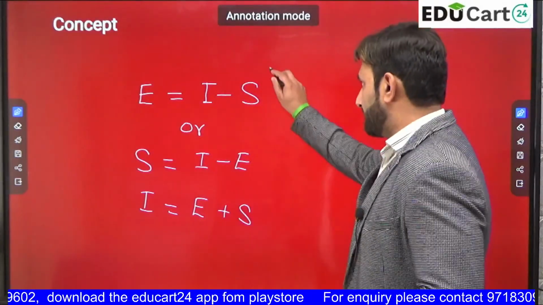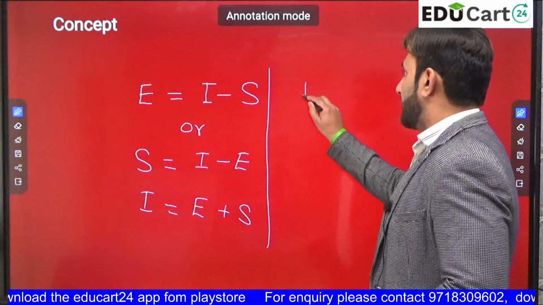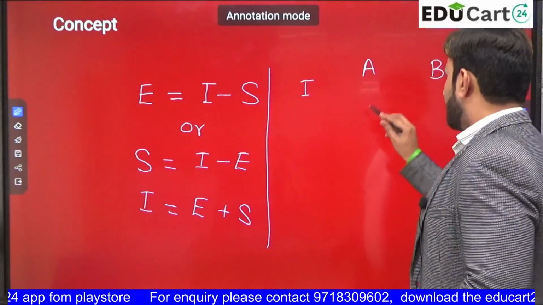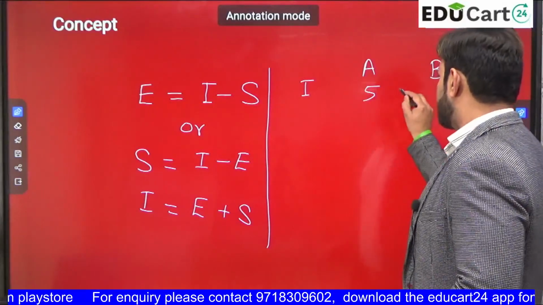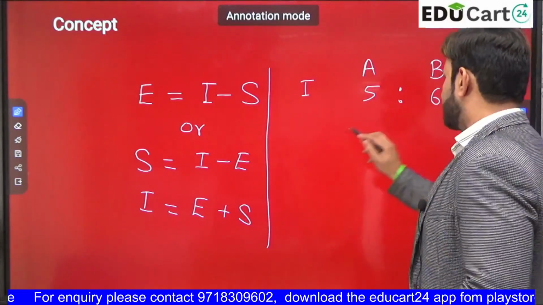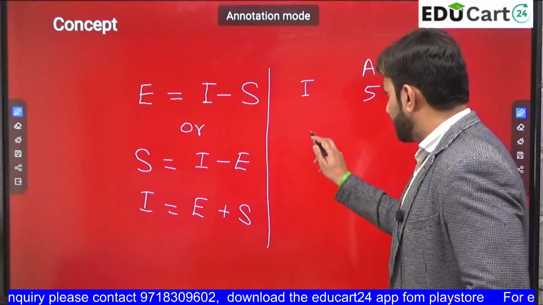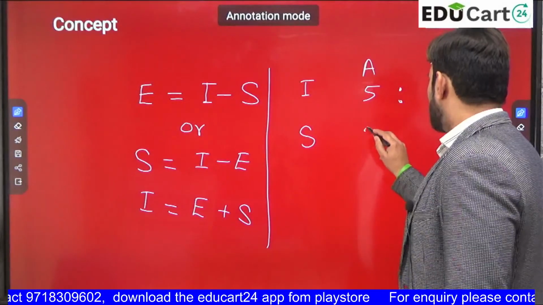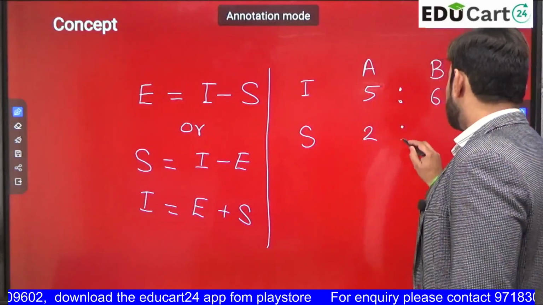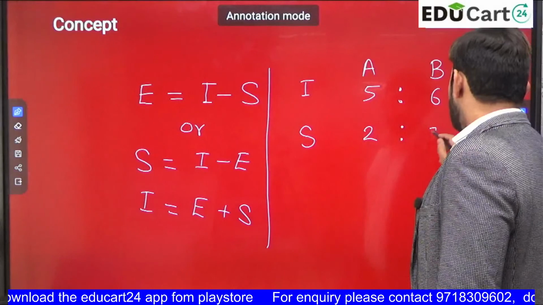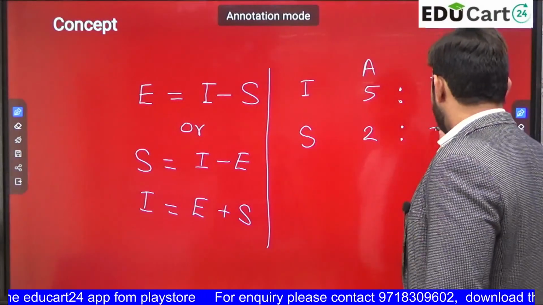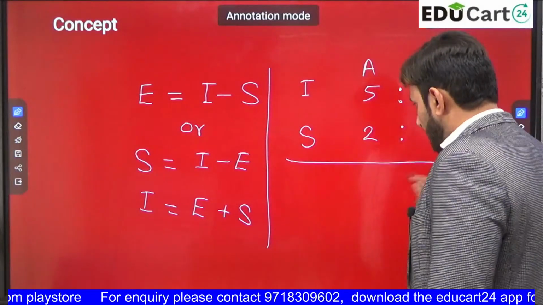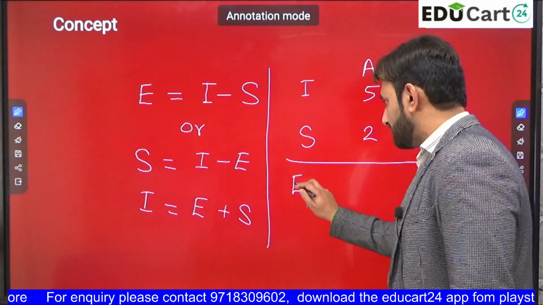You guys let me know: if I say that the ratio of the incomes of A and B is 5:6, and the ratio of their savings is 2:1, can anyone tell me what will be the ratio of their expenditure?